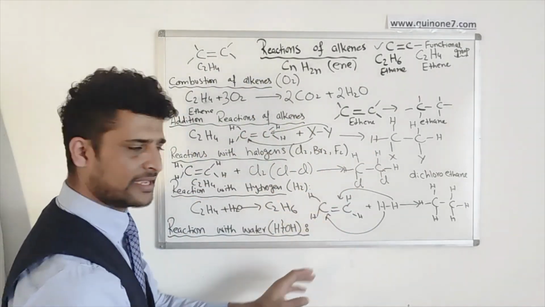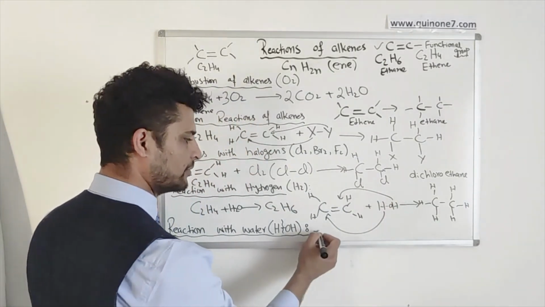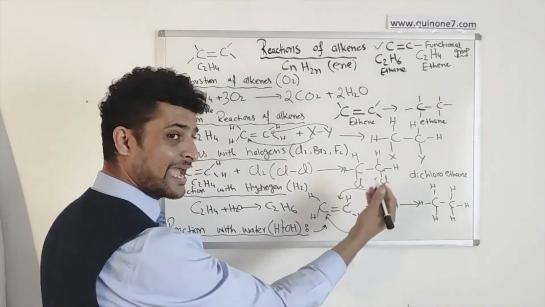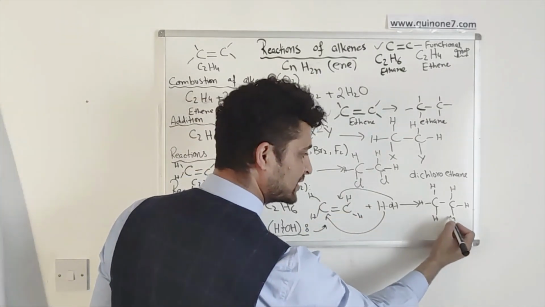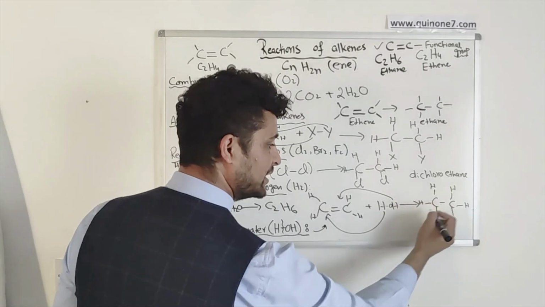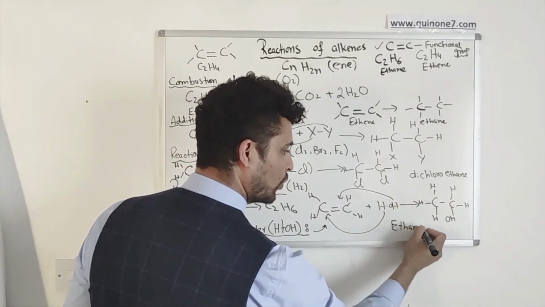So you replace that with OH, and one hydrogen will go there, but you do not have an extra hydrogen. You have the OH group, and the whole OH group goes onto the other carbon atom. And because it is ethane and it has an OH group, it is called ethanol.